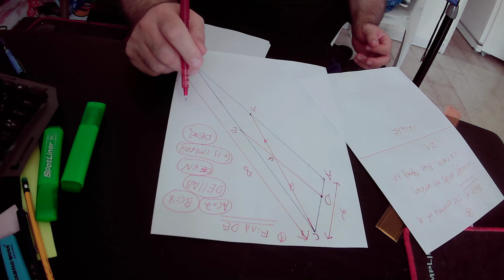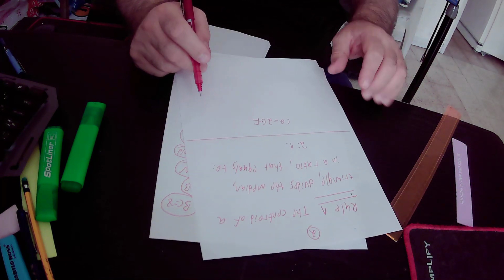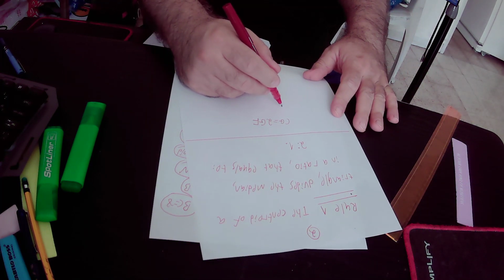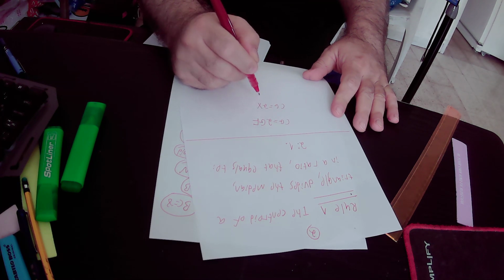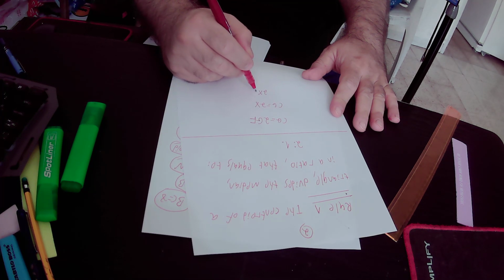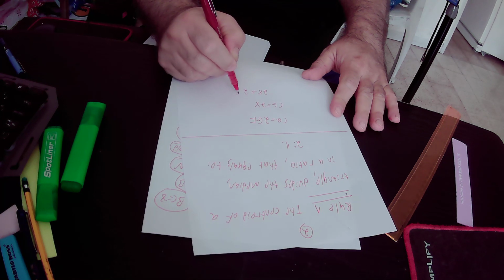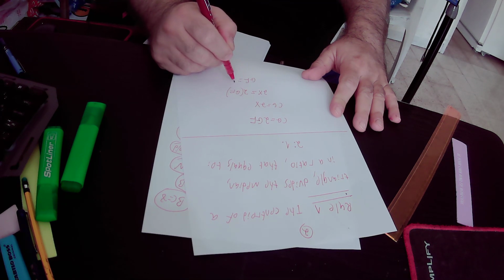So actually, if we define CG as 2x, that is to say CG equals 2x, then we will substitute CG by 2x. We will get that 2x equals 2 times GF. Then we will divide this equality by 2 and we will get that GF equals x.